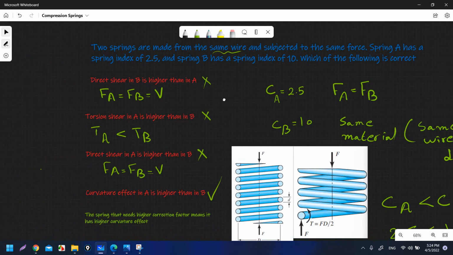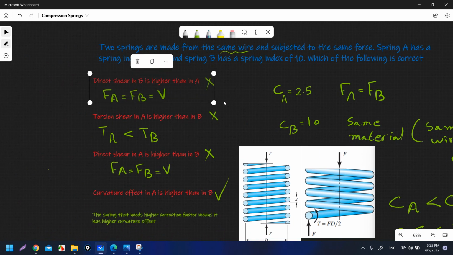So we have a multiple choice question. He said direct shear in B is higher than in A. The direct shear force we represent as V. We said that the two forces are the same.